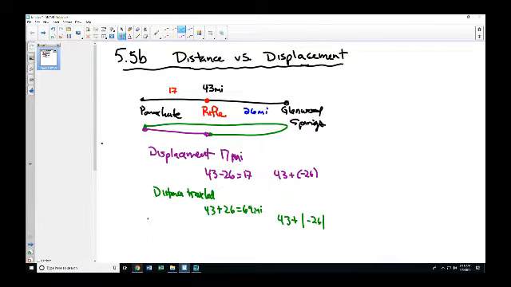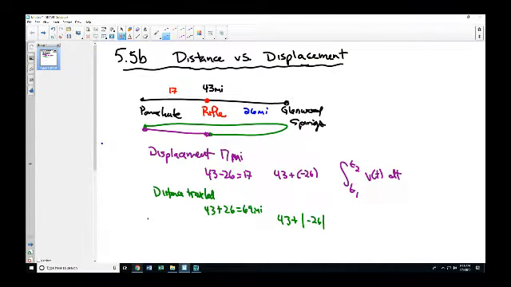Okay, so when we have a function of some sort, the displacement is simply the integral of the rate or velocity function from some time to some time, right?